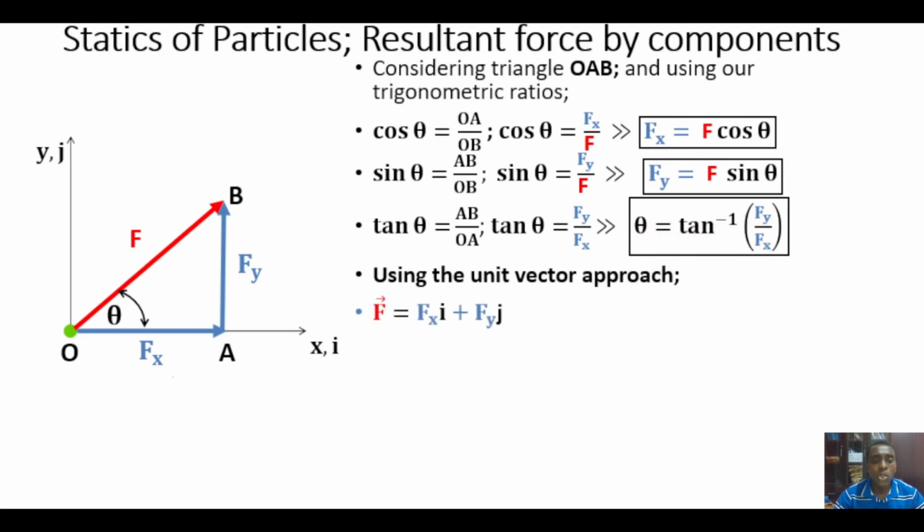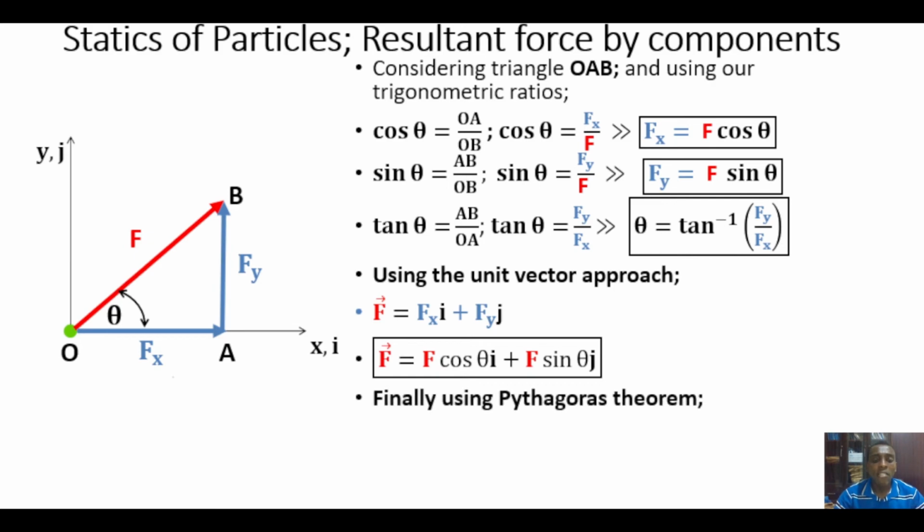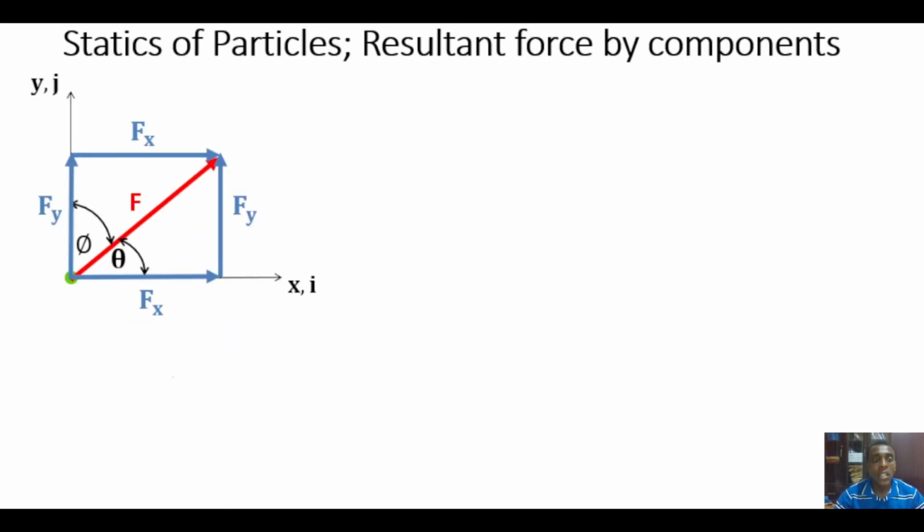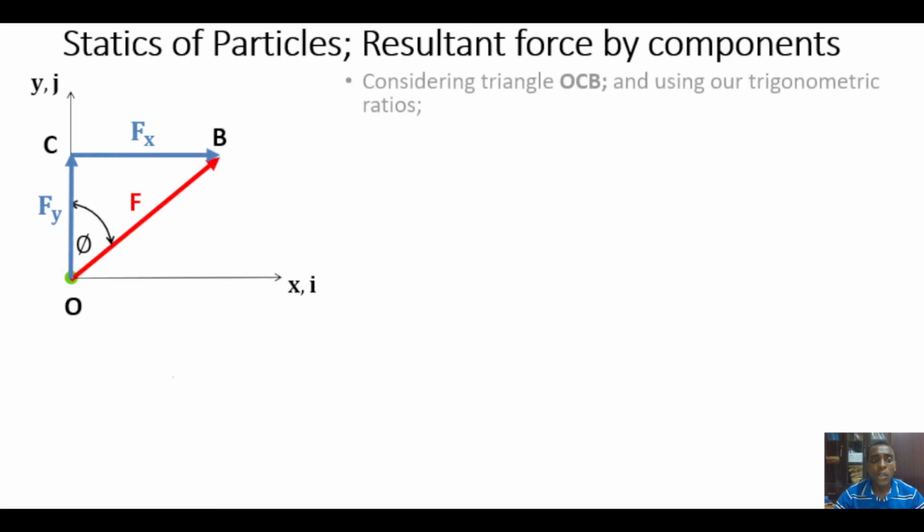Using the unit vector approach, I have a force Fx along the i, which is the unit vector along the x direction. Similarly, I have a y component Fy along the j, which is the unit vector along the y direction. So that is what we have there. Finally, using Pythagoras theorem, I can say that F squared equals Fx squared plus Fy squared, basically.